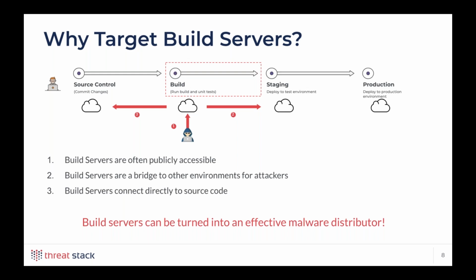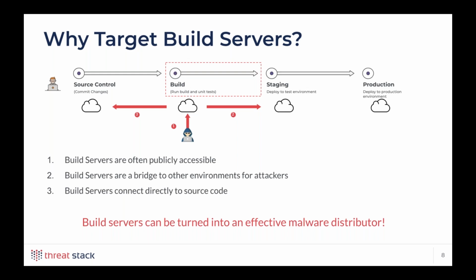We see a lot of this sort of attack where someone will look to gain persistence and then find their way to systems, even if it's to build their own system, that in fact does have access to production data, like sensitive data that might be stored in a database somewhere. So the build server can definitely act as an access point and a bridge to other more interesting environments for attackers.